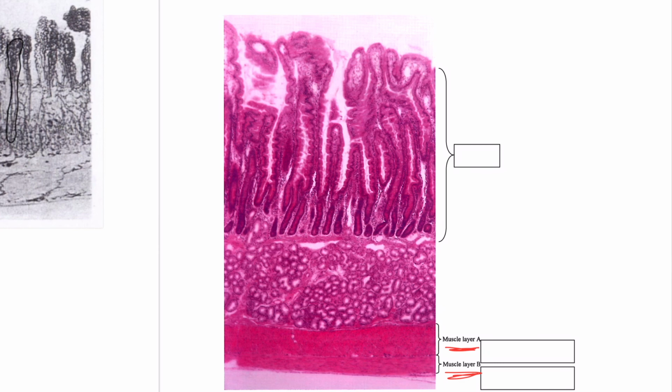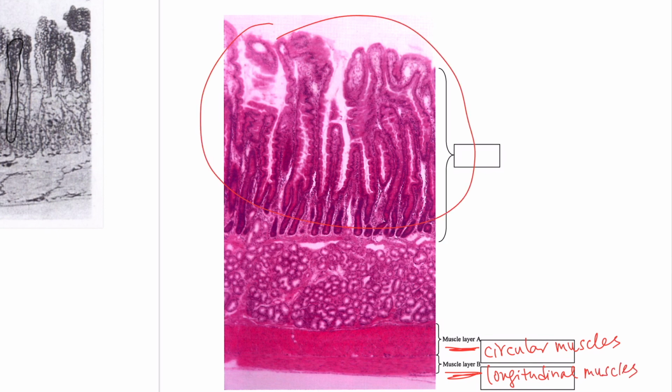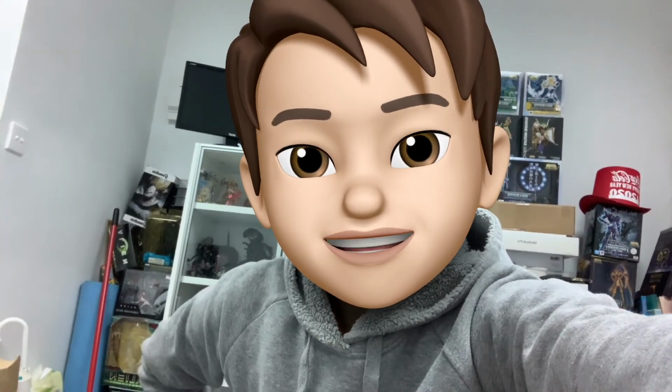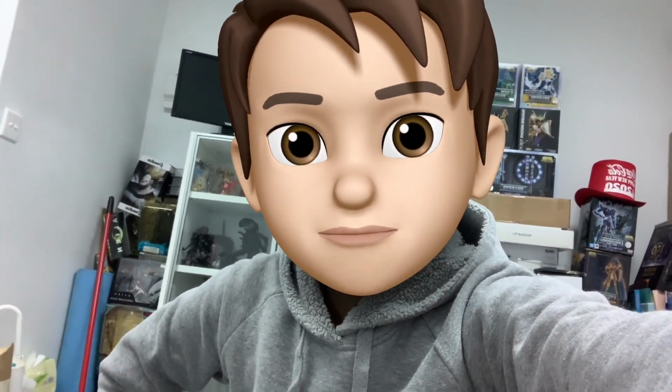Okay, the first, which is closer to the villus, is the circular muscle. Okay, muscle layer B is the longitudinal muscle. Can you recognize this part? It is finger-like, right? So this is the villus. So that's the end of absorption of food in the human body.